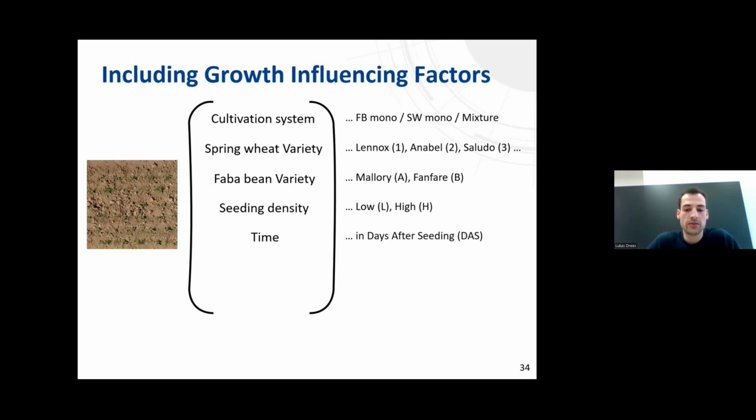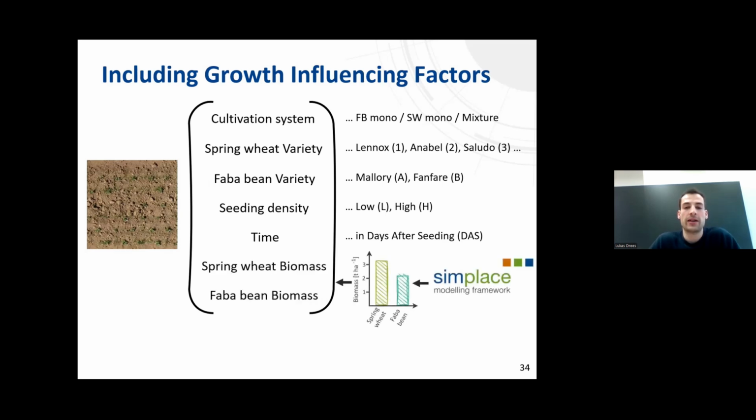Time is also still a condition, although we no longer have a sequence in the input, but we still want to be able to actively control which images are generated in the output. And we also add the expected biomass for both crop species. So these two factors are not really influencing factors, but they represent a link into the process-based approach where this data is coming from.